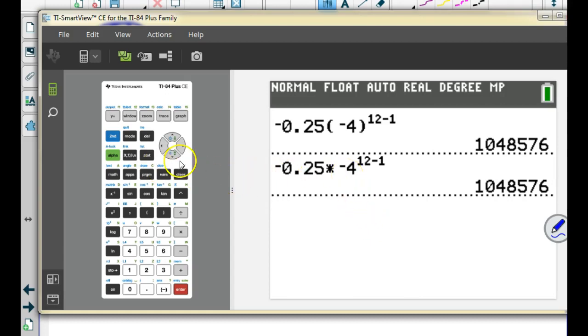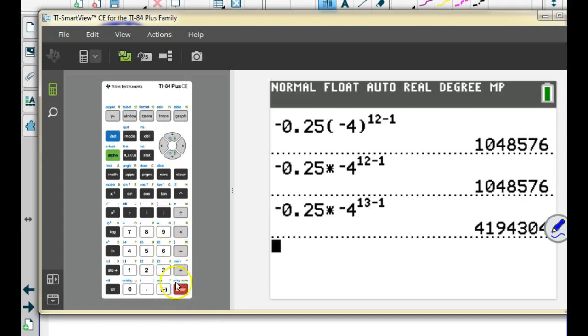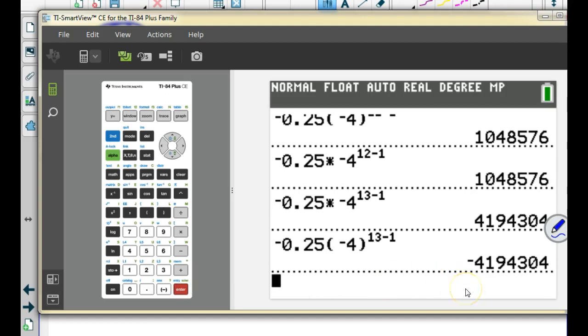Well, you don't want to know why? This is a bad example. If I change that to 13 minus 1, you get this. But if the exponent turns out to be even, that's what's going to mess it up.